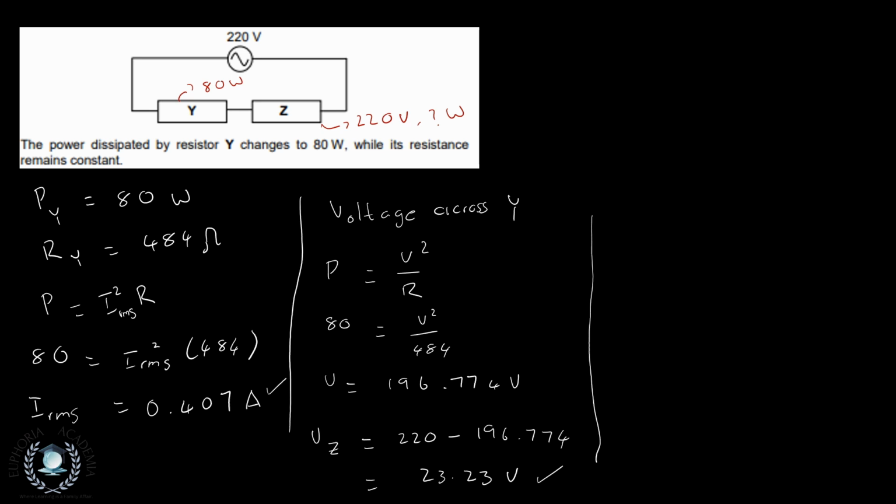But to calculate the power through it, we have to use the rated voltage as well as the rated current, but we don't know that, so we're just going to be working with the rated values. So let's find what the resistance of Z is going to be, because that's not dependent on the rating of the thing, but it's another physical characteristic.